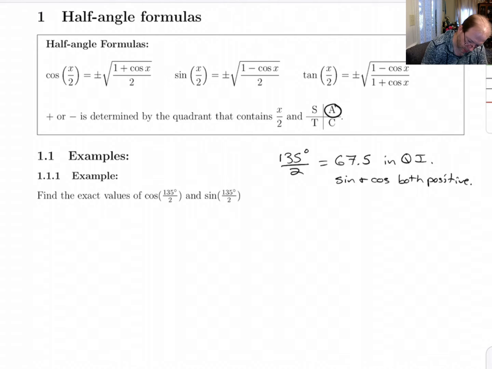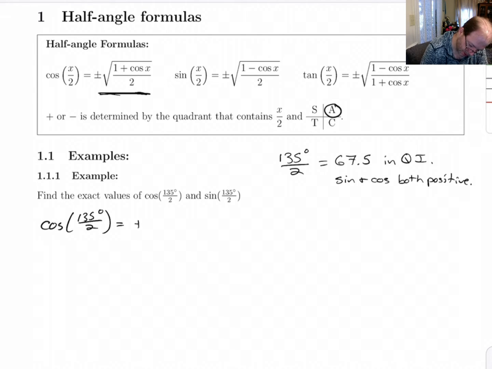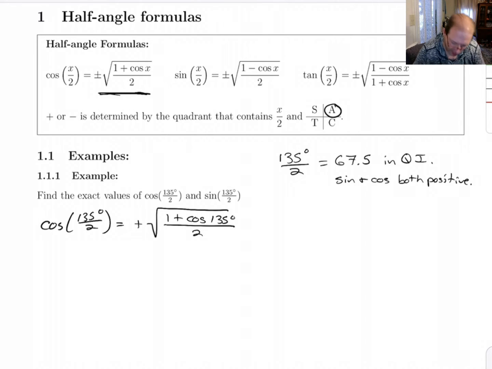So cosine of 135 degrees over 2 is going to be, just from here, plus square root of 1 plus cosine of 135 over 2. And so what is the cosine of 135 degrees? Well, 135 degrees is over here.